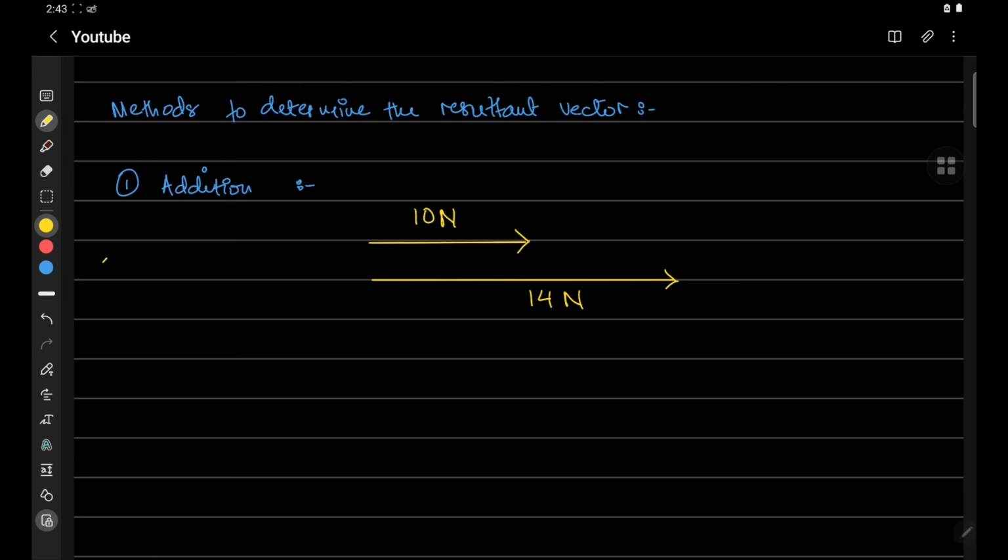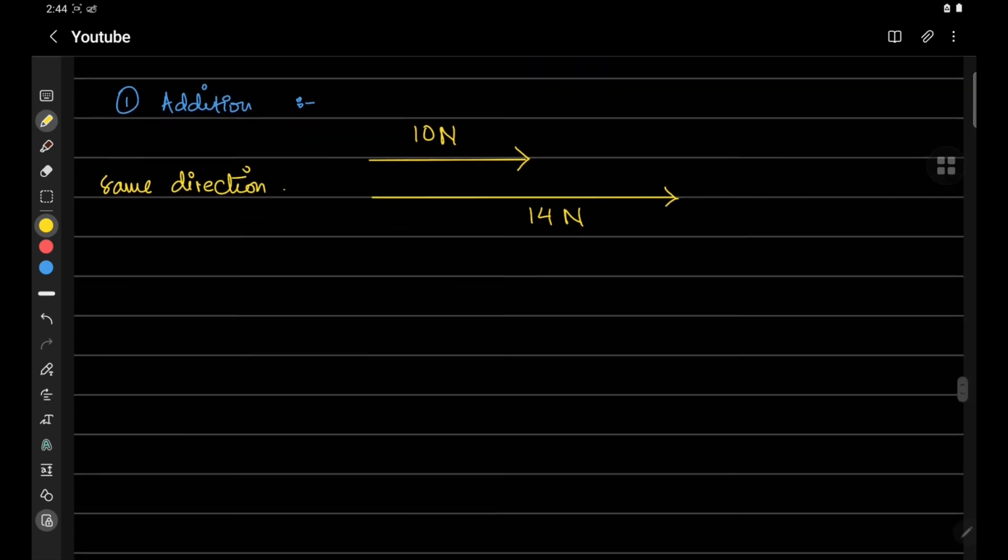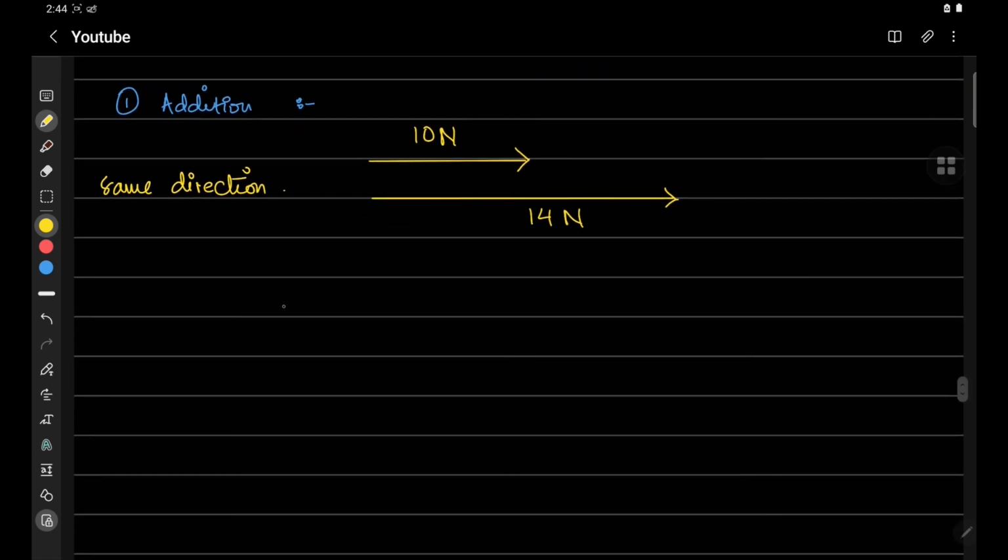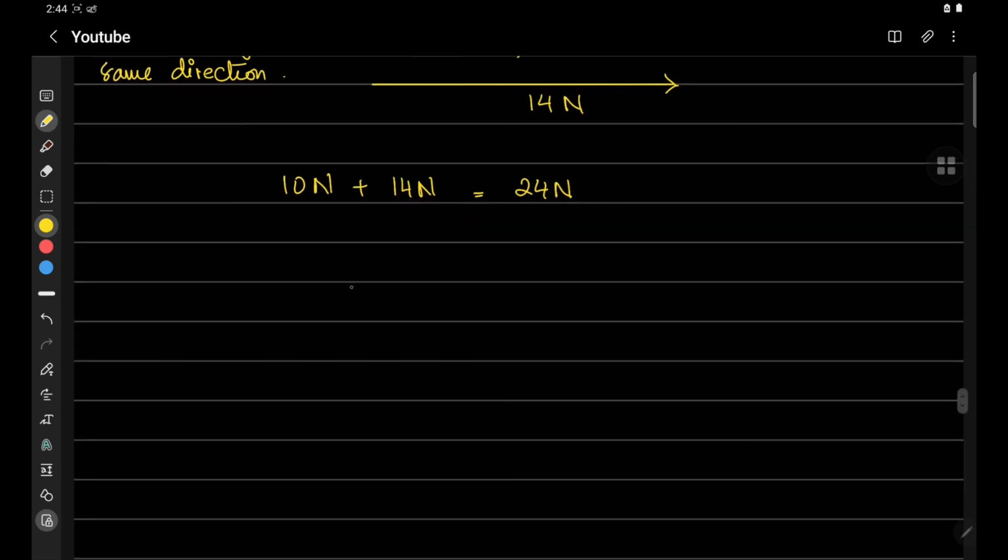If they have the same direction, you're simply going to add these two vectors. When you add the two vectors, which is 10 newtons and 14 newtons, you're going to have 24 newtons. So your resultant vector is going to look something like this.